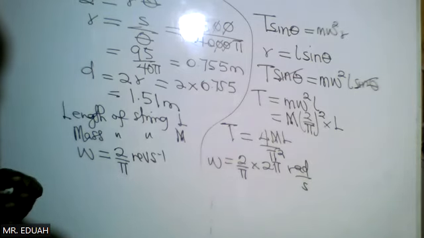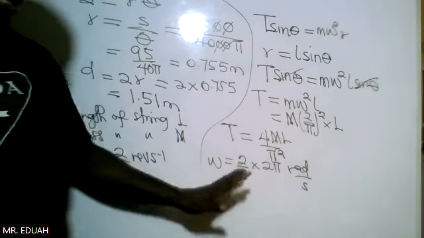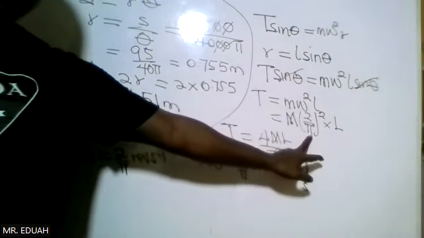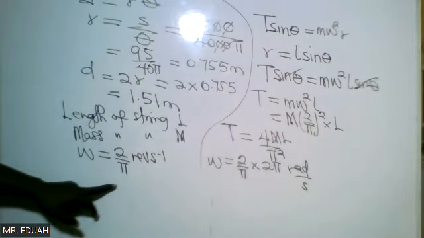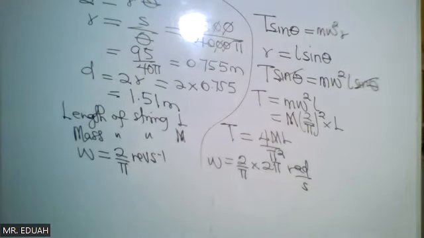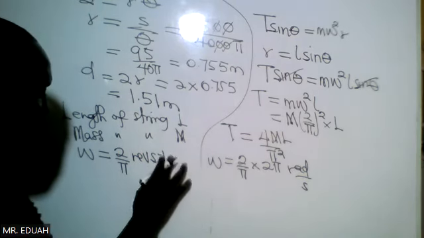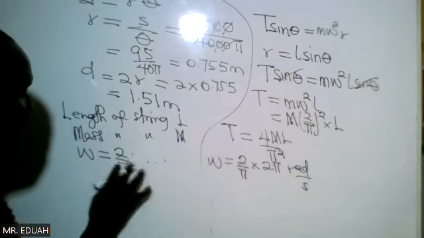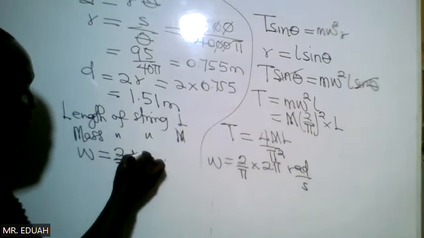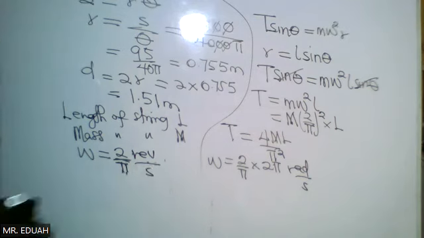Please, are we following? I'm trying to change the angular velocity, which is given in revolutions per second, to radian per second. So we simply have 2 over pi rev over 1 second.